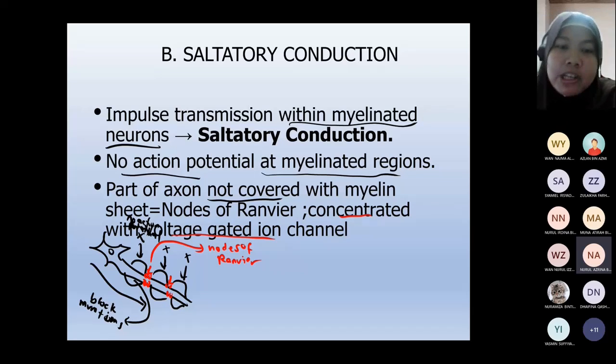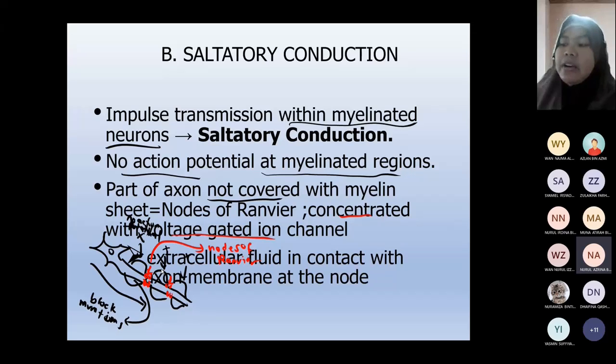Movement of ion only occurs at the nodes of Ranvier. The uncovered part of the axon is in contact with the extracellular fluid at the nodes of Ranvier, which allows movement of ion to happen there, but not within the insulated area.